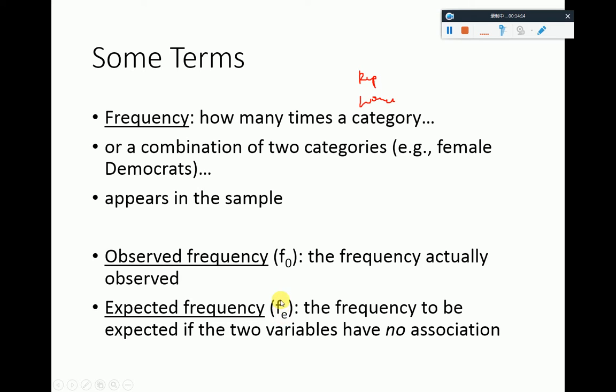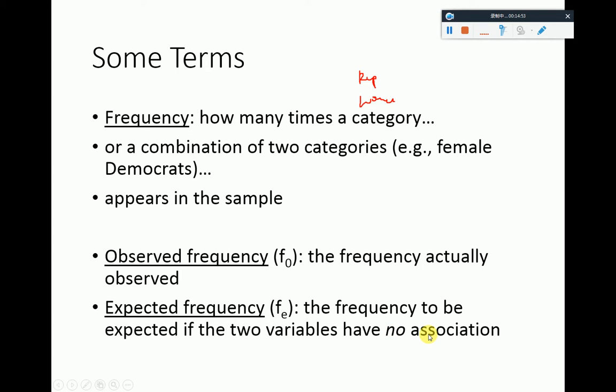That is the frequency to be expected if the two variables, for example gender and party affiliation, are actually not associated. Okay, let me repeat. Expected frequency is the frequency to observe categories or combinations of categories if the two variables, gender and party affiliation in our example, are not related.